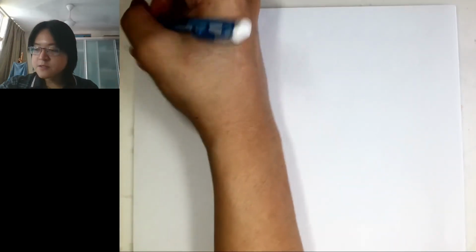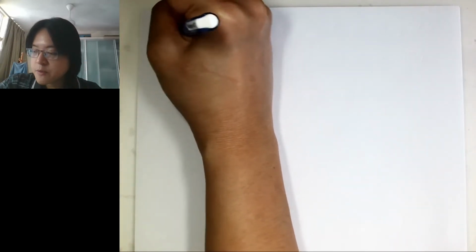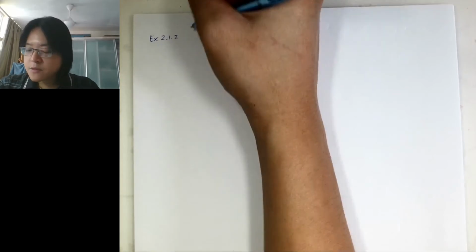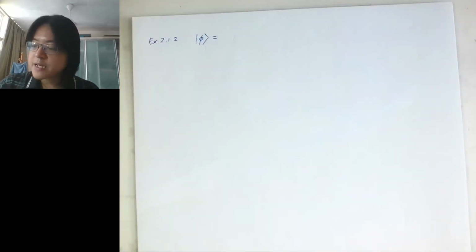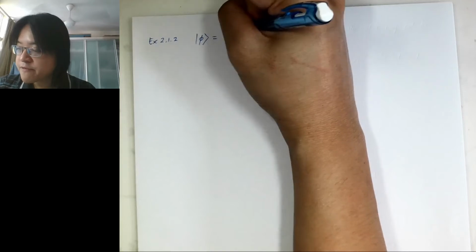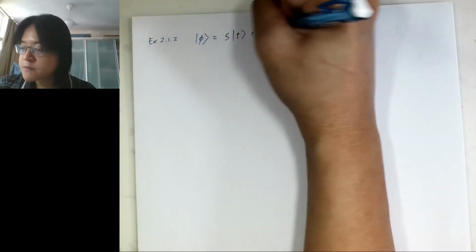Okay, so let me give you an example of an unnormalized state. This is example 2.1.2. Let's take a state from the lecture notes, like 5 up and 7 down.